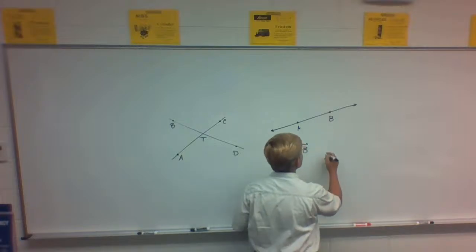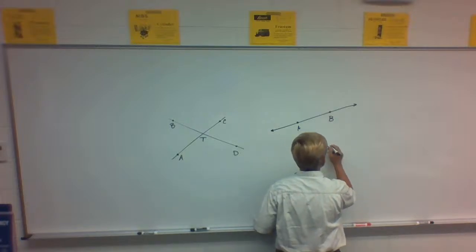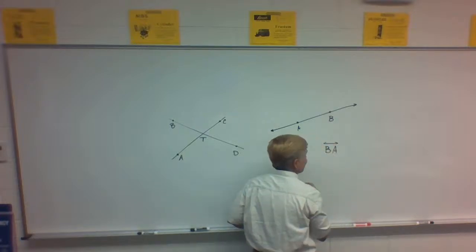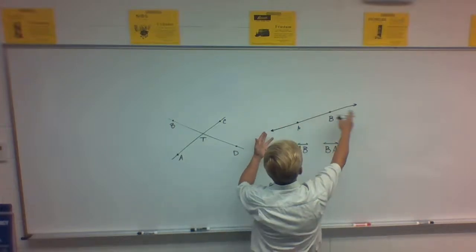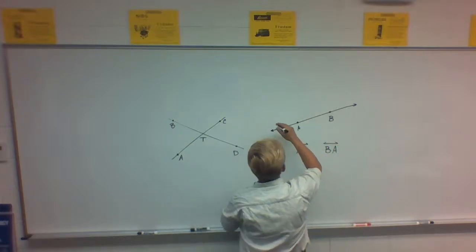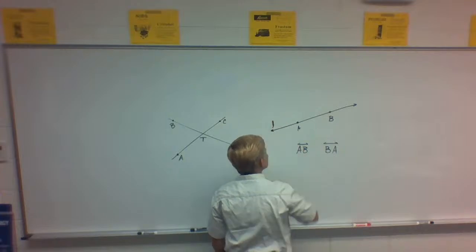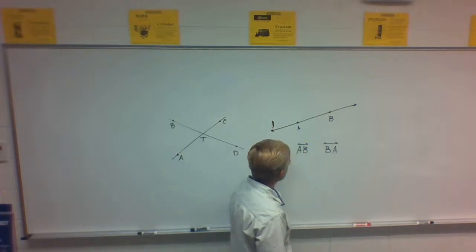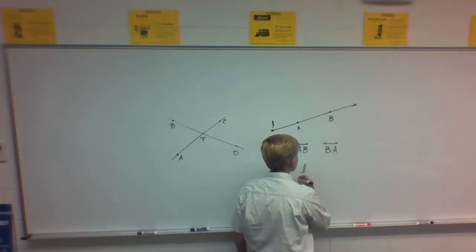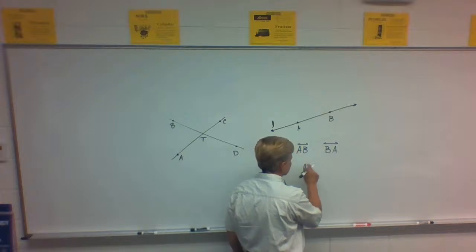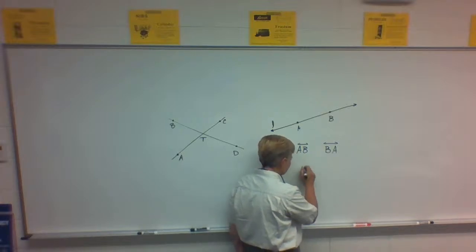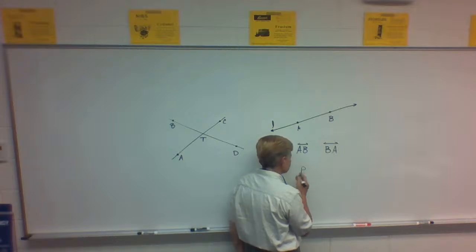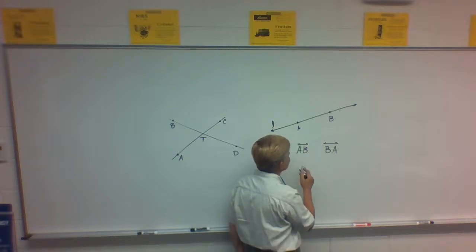You can also call it BA. It doesn't matter which one you put first. And as you can see on that diagram right there, where one of the arrowheads kind of towards one end, they have a small cursive letter, you may refer to this as line L as well. And it does not have one of those symbols across it. If you use a small cursive letter, whether it's L or P, I know that doesn't look cursive, but if it's up here and I see it, I'll know what you mean.